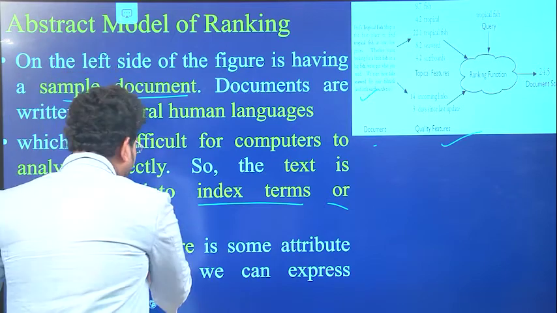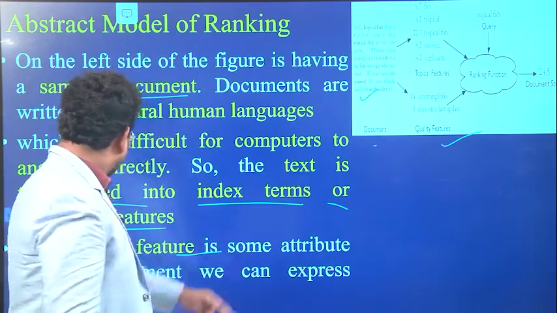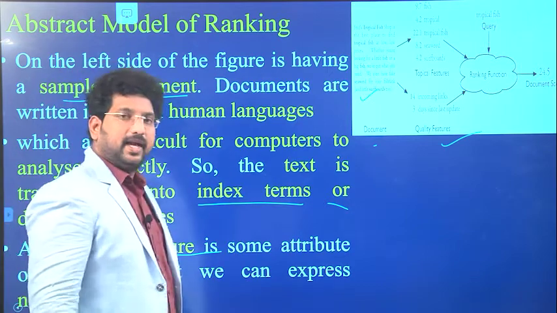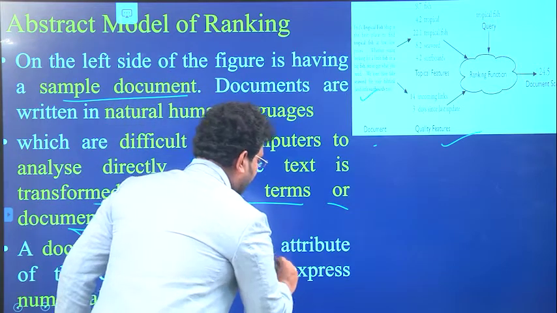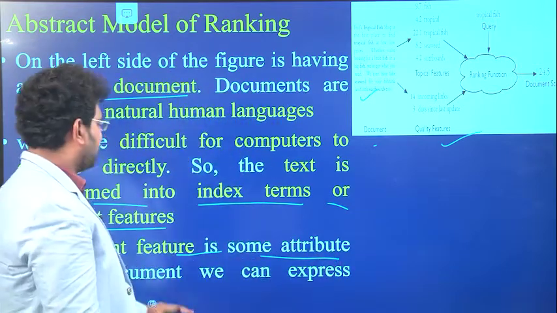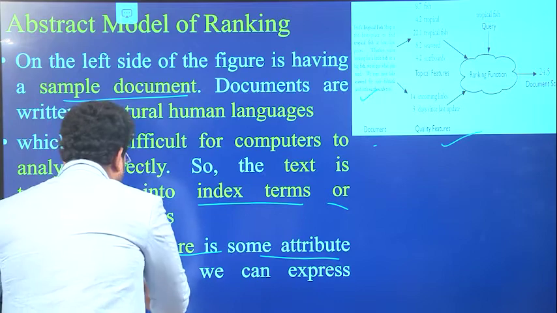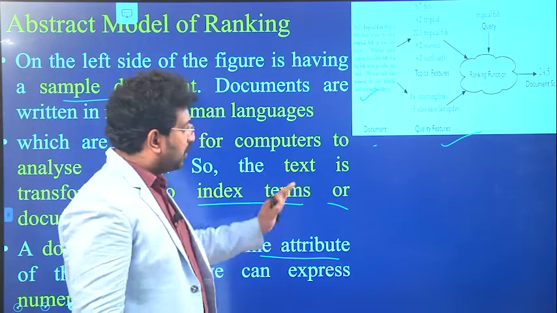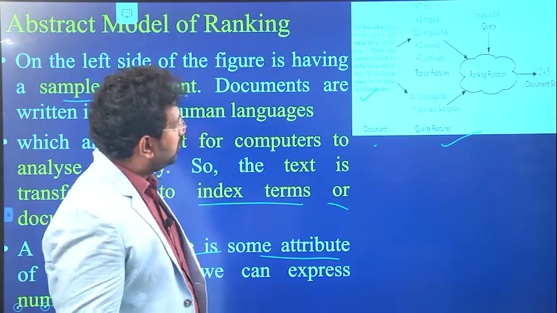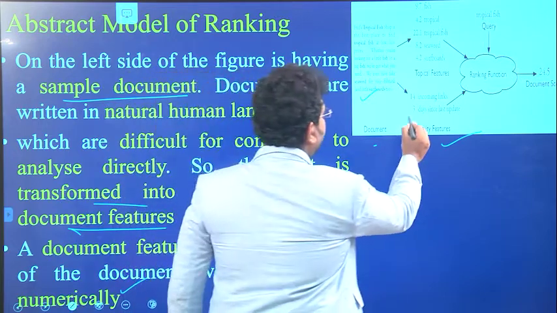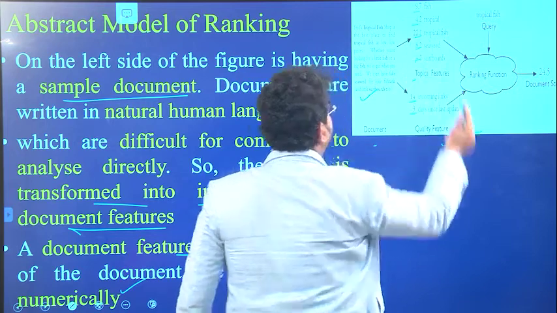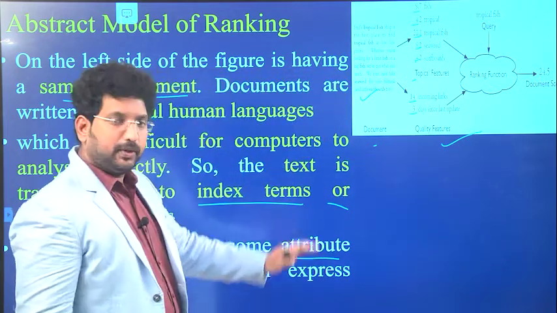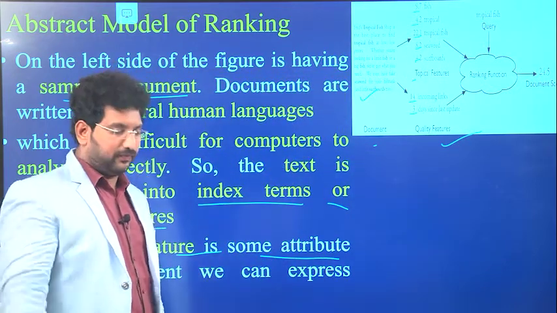A document feature is some attribute of the document that we can express numerically. How are we going to express the document features? We express them numerically. If you observe here, some numerical values are assigned, so they are expressed as numerical features.